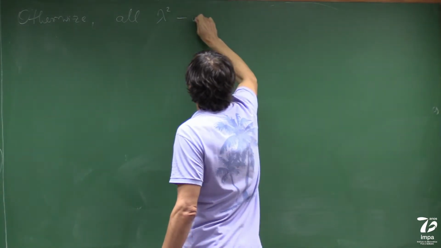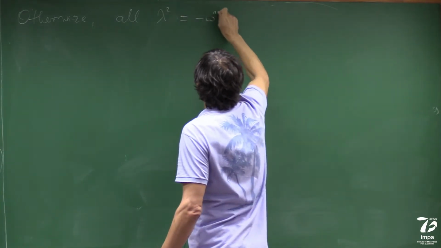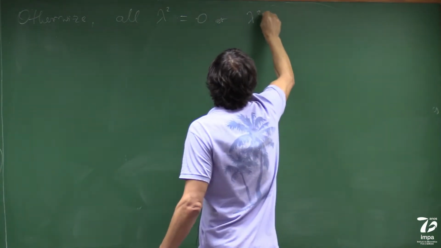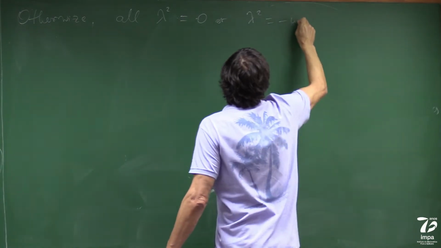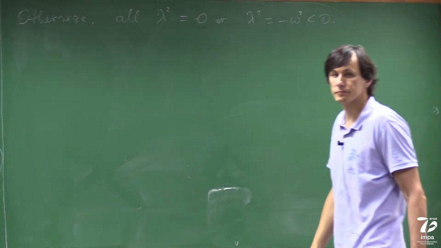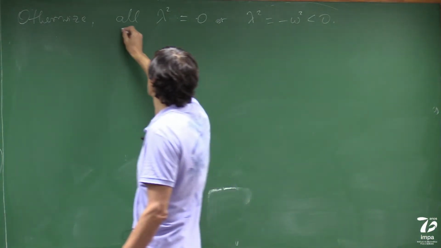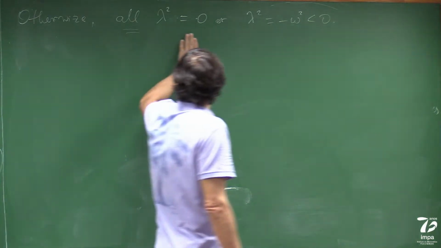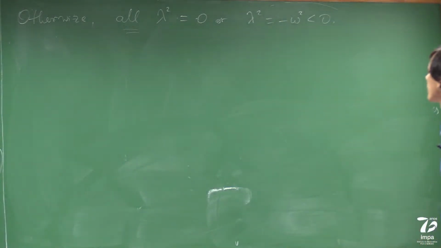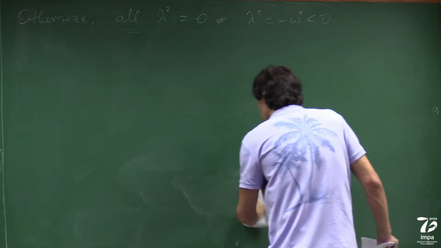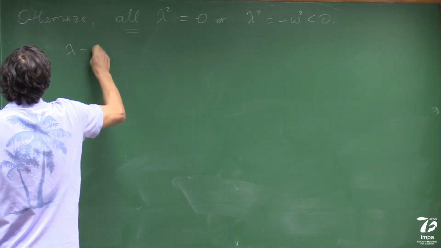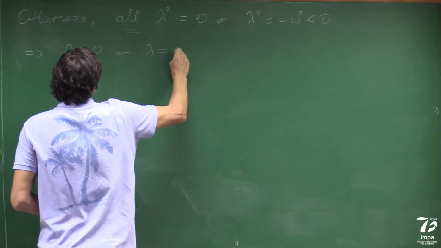Equal to 0, or negative. All of them. Because here we just assume that at least one is like this. So the opposite case is that all of them are either 0 or negative, which means that when you take a square root, lambda is 0 or is purely imaginary.